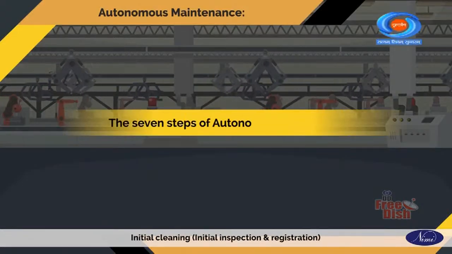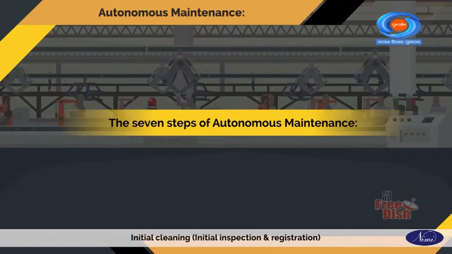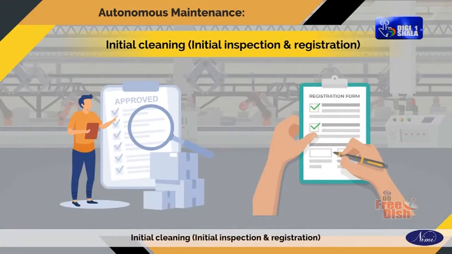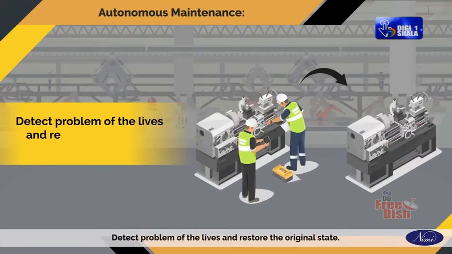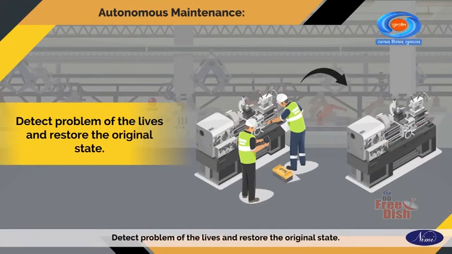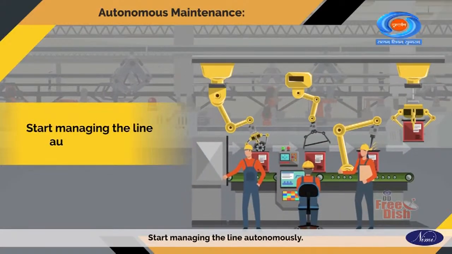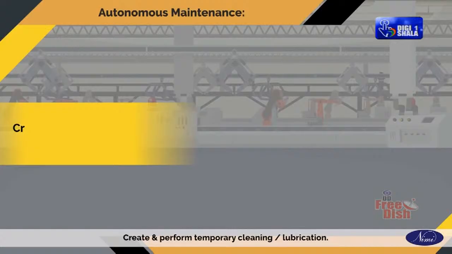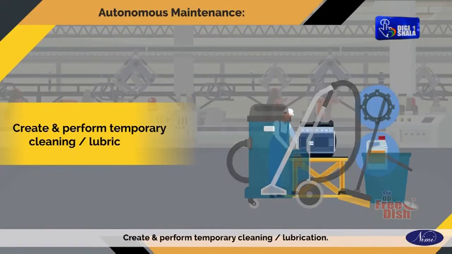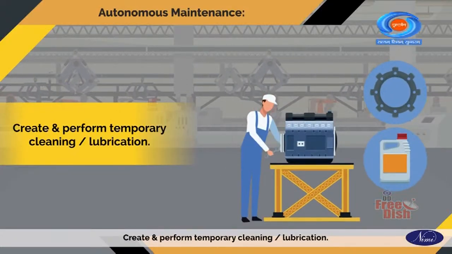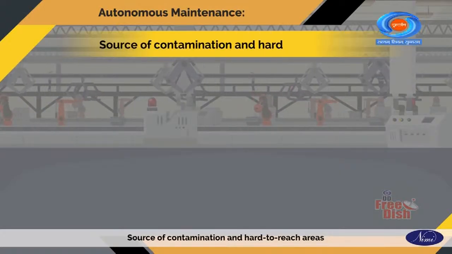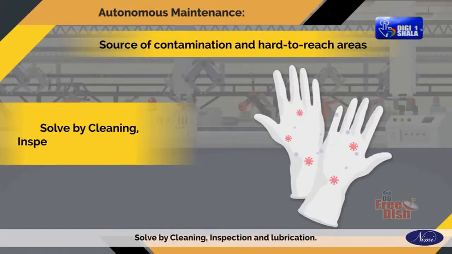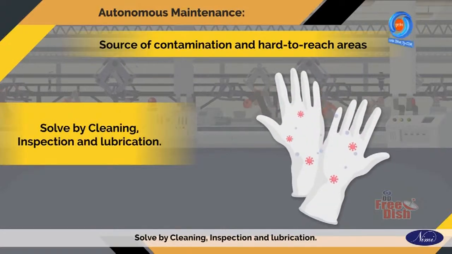The 7 steps of autonomous maintenance: initial cleaning, initial inspection and registration, detect problem of the lives and restore the original state, start managing the line autonomously, create and perform temporary cleaning or lubrication, source of contamination and hard to reach areas, solve by cleaning, inspection and lubrication.